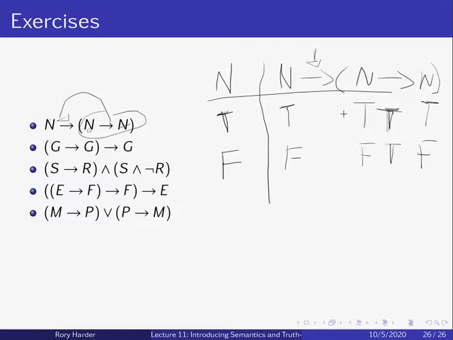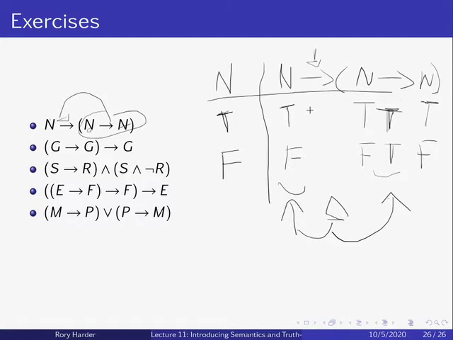Now, in order to determine what meaning the main connective gets, you compare this column here with the column for the subpart of the conditional that we just built. You have to compare their truth values, given our knowledge of how the conditional works, in order to fill out the main column here.